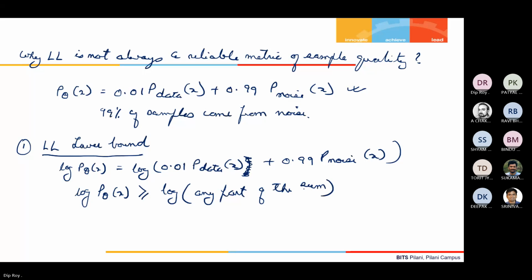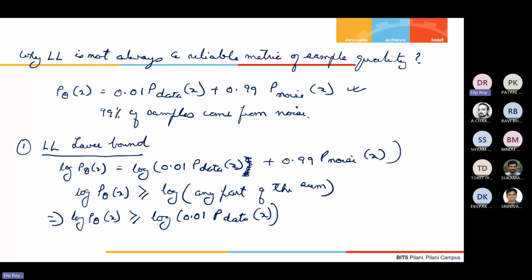It will always be greater than log of any part of the sum. So we can say that log of p theta x is greater than or equal to log of 0.01 p data x.